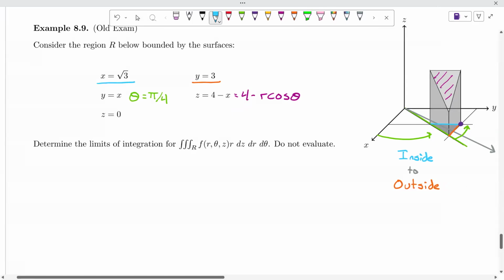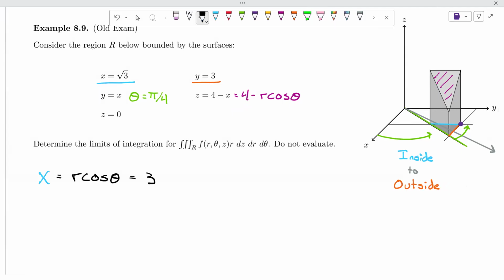So what do we have? We've got x, which is equal to r cosine theta, and that's equal to square root 3. That means r is equal to square root 3 over cosine theta, since I'm looking to have this be an r boundary.